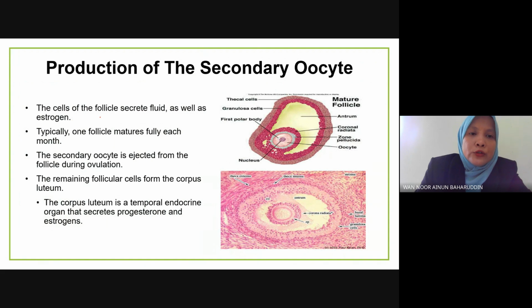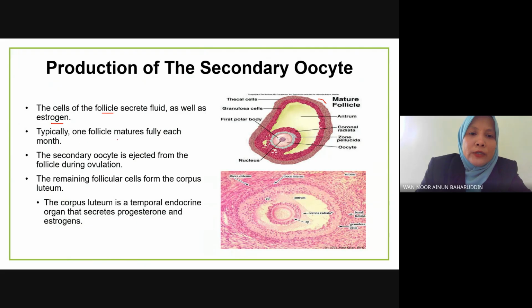Each cell has follicles. This is the whole structure of a follicle. The follicle contains fluid. It also secretes fluid as well as estrogen, which is very crucial for giving nutrition and so on to the developing egg.